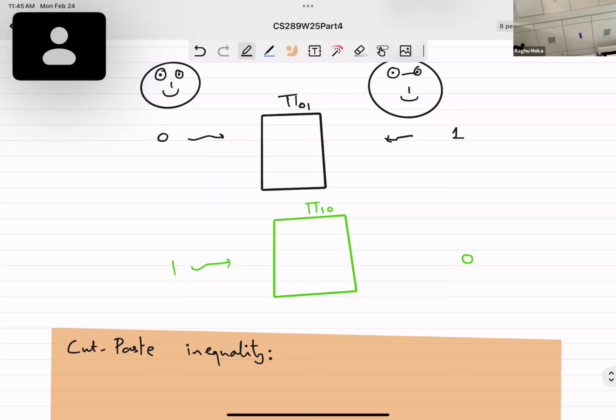From Alice's perspective, these two are looking the same. Right? Bob doesn't know whether Alice is 0 or 1, except from what Bob sees on the protocol. So just go to the very extreme and say these two are identical, exactly identical. Right? Pi 0, 1 equals pi 1, 0. They have the same exact distribution. That would mean that Bob is not able to tell whether it's 0 or 1. And same for Alice.